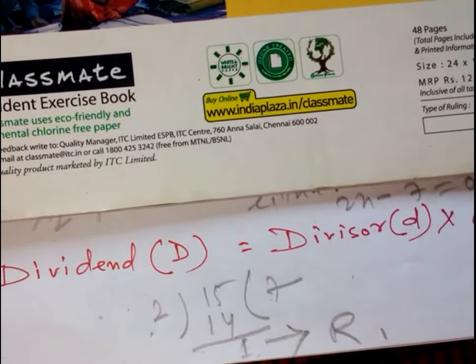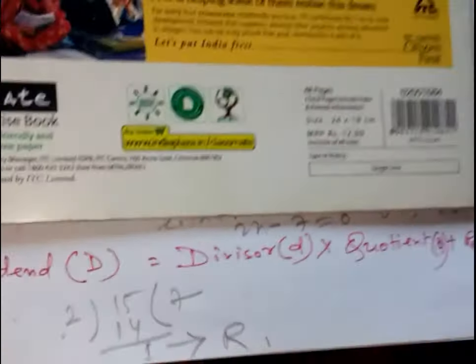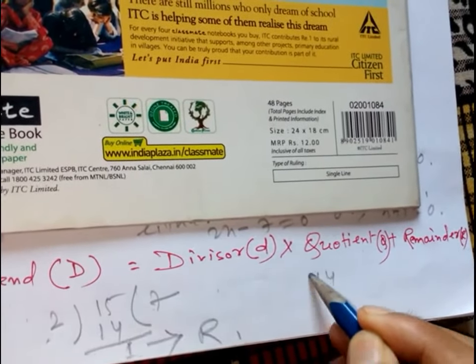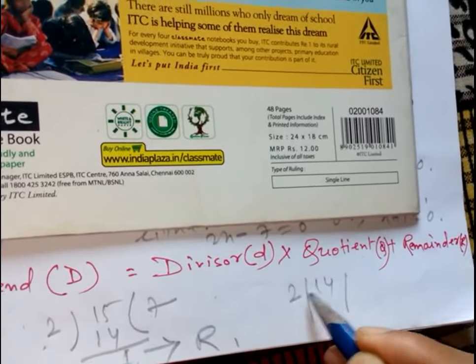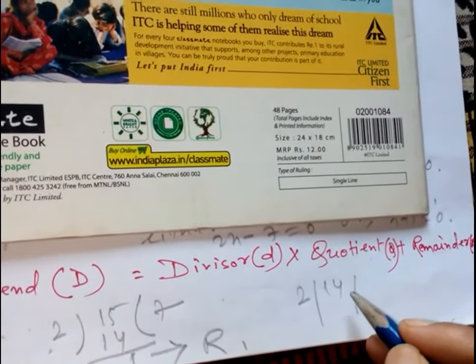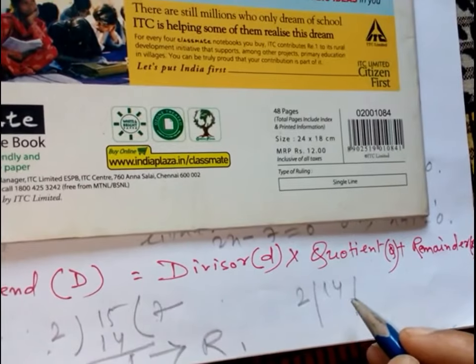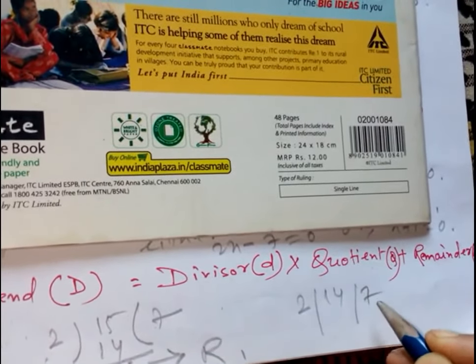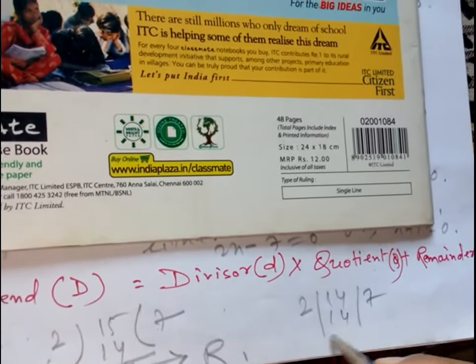And if the remainder is 0, that means if 14 is completely divided by 2, then it will give 7 as a quotient and remainder as 0.